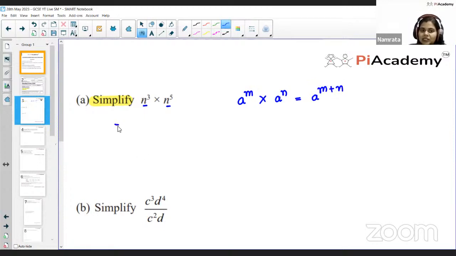So basically here we'll have n raised to the power of 3 plus 5, which is n raised to the power of 8. That's our final answer. Hope you all would have understood this. Please give your confirmation.